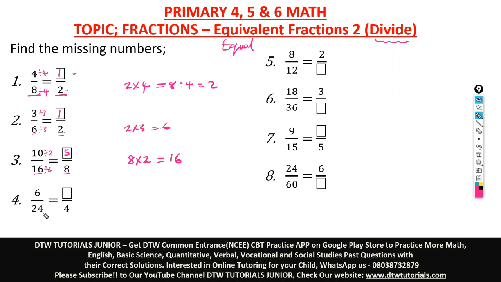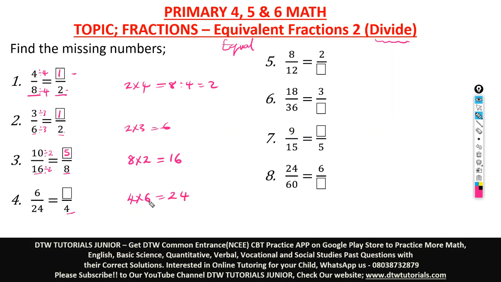Let's do number 4. So here we have 24, we have 4. What divided by 24 will give us 4? We have to look at the 4 times table. 4 times what gives us 24? That is 4 times 6 gives us 24.